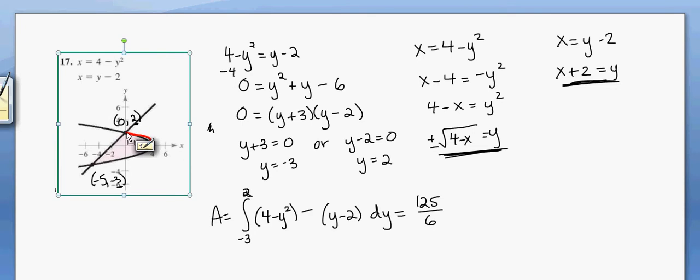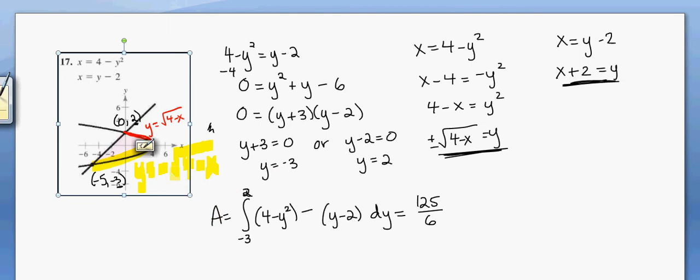The top half of the parabola is the curve y equals the square root of 4 minus x, and the bottom half is y equals the negative square root of 4 minus x. So we'll just go back to black.